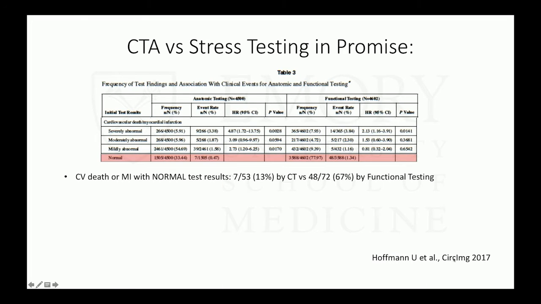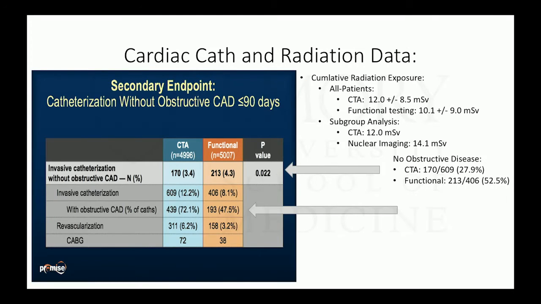One of the interesting things that I do think PROMISE showed is that when you looked at cardiovascular death or MI within 12 months, of the 53 patients in the CT arm, 7 of them had normal coronary arteries. When you looked at the results from functional testing, of the 72 patients that had cardiovascular death or MI, 67% of them had normal functional testing. And so I think that's an important thing to take out of the analysis from PROMISE.